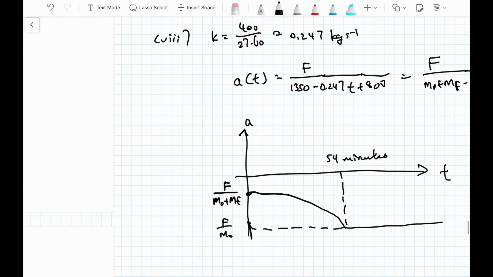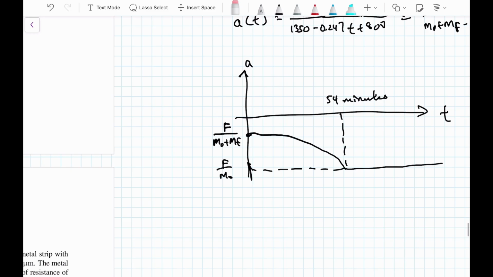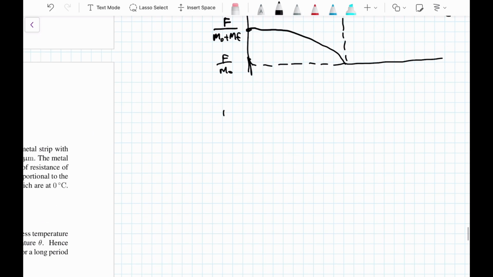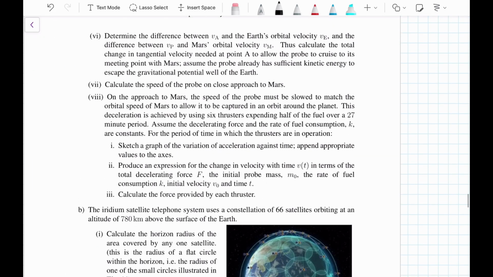So this is the first part of that question, right? The second part over here wanted to calculate an expression for the change in velocity with time, in terms of the total decelerating force, the initial probe mass, the rate of foil consumption k, initial velocity v0, and time t.